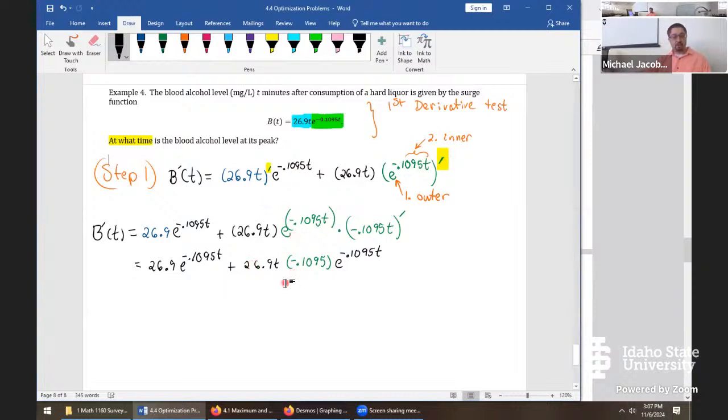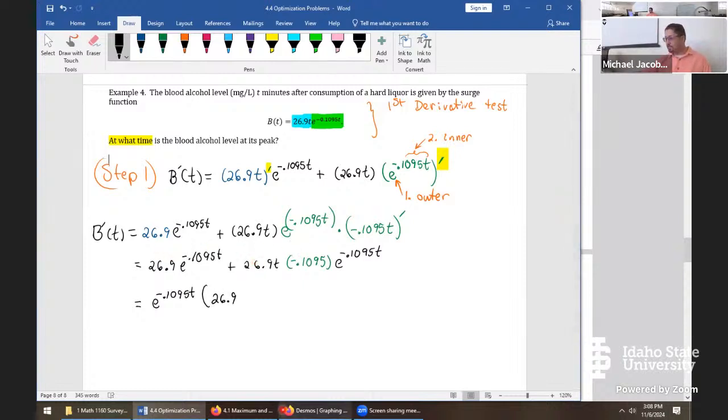So we still have to multiply these two numbers together. But also notice we have the same exponential on both terms. We might as well just factor it out to make life easier. So our last step is e to the negative 0.1095t. Factor that out, leaves behind this 26.9.